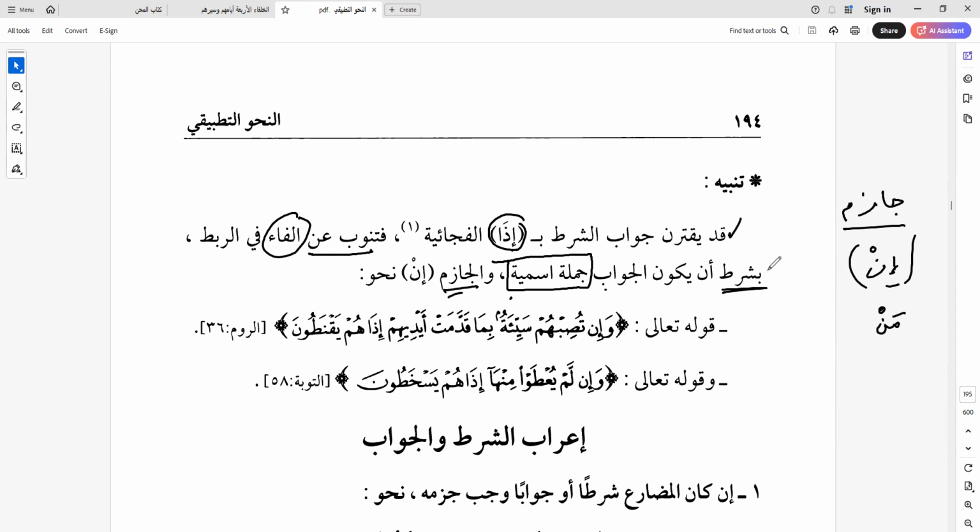You cannot use any form of jazm, but you can only use what? In. You cannot use ma, right? You cannot use also ma. The only jazm you can use is in again.